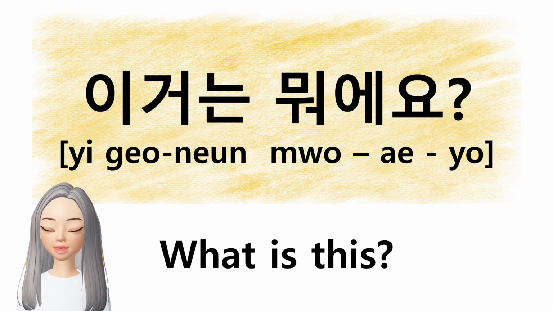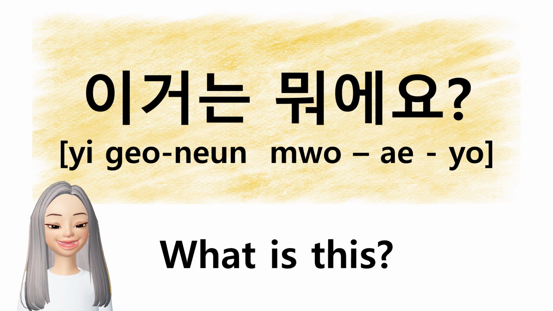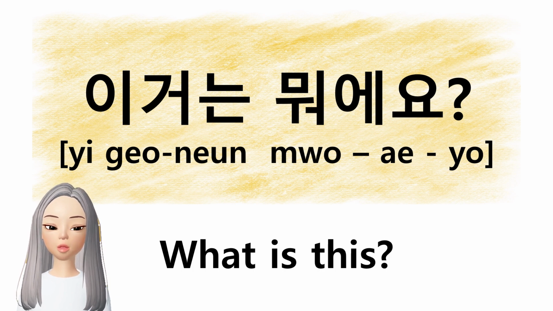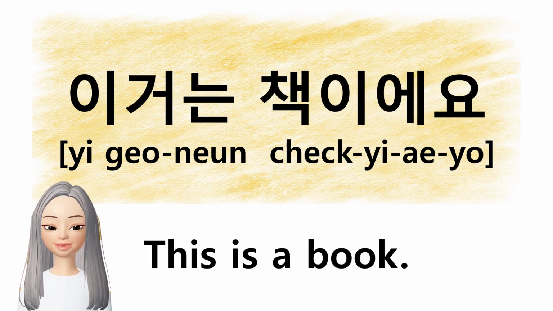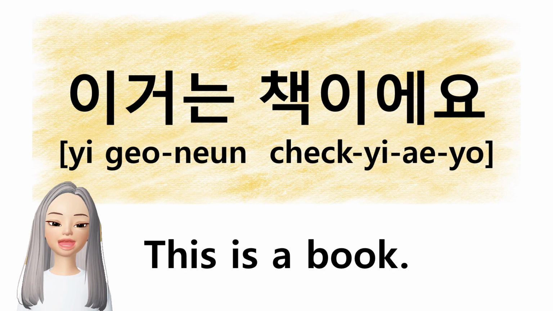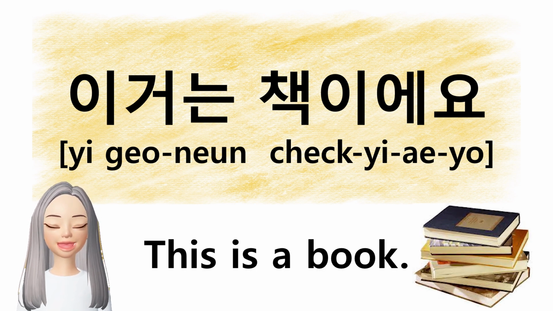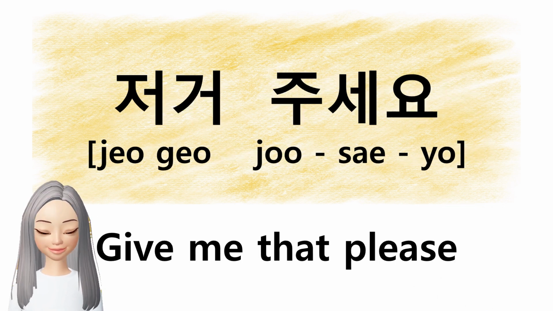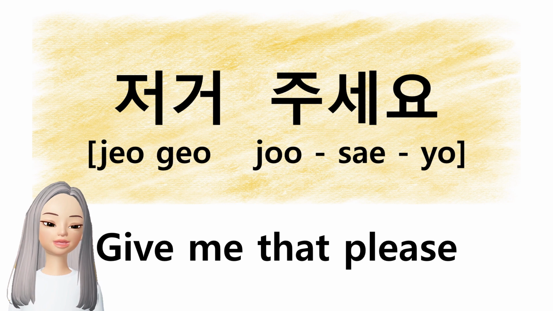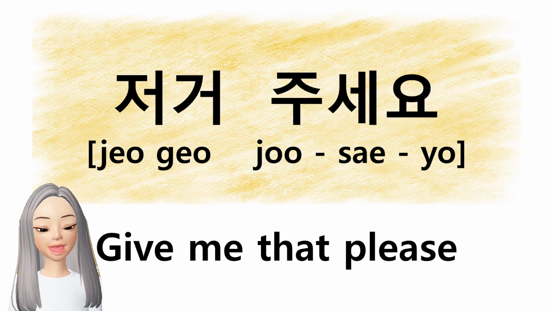Let's see how that applies in real sentences. To say what is this? You would say 이거는 뭐예요? To answer, this is a book. You would say 이거는 책이에요. Using that to say give me that please.